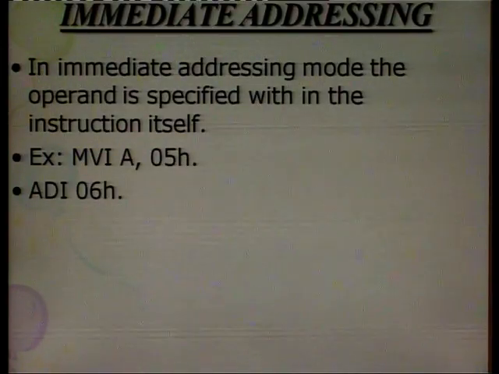So, here also one data in arithmetic instructions is usually in the accumulator, and the other data is neither in the internal register nor in the memory location, but it is given in the instruction itself. So, when the operand is given in the instruction itself, this type of mentioning of the operand is called immediate addressing.